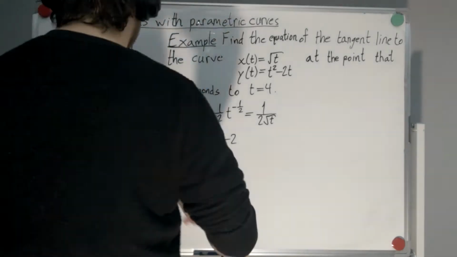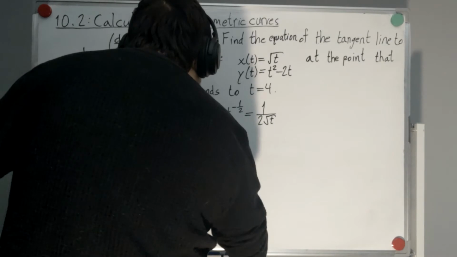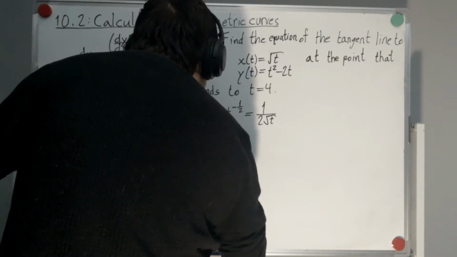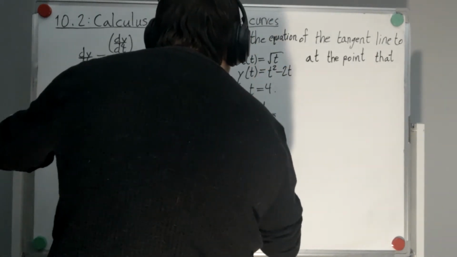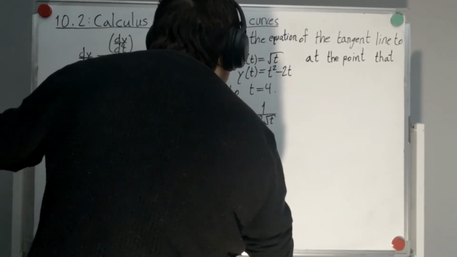So, dy/dt over dx/dt is dy/dx, and so dy/dx is just going to be 2(t − 1) divided by 1/(2√t).